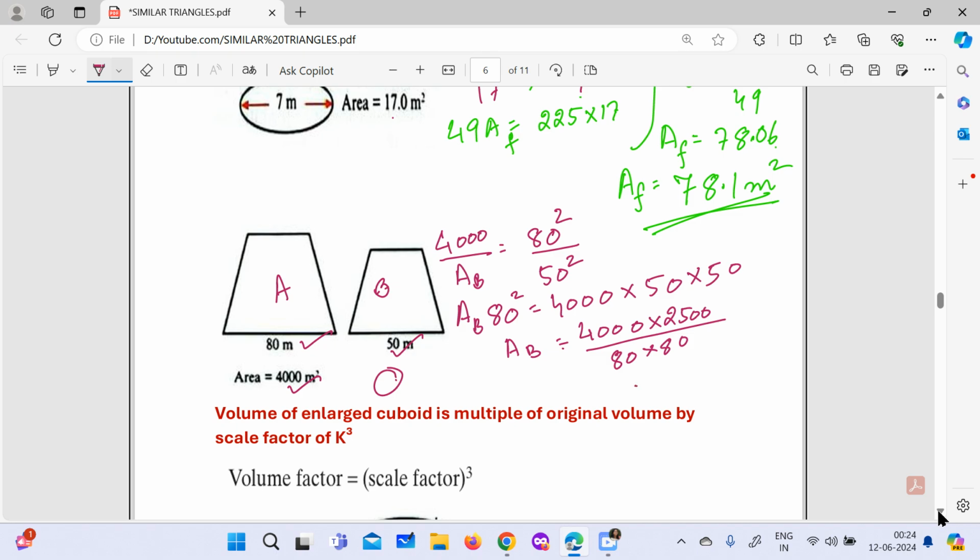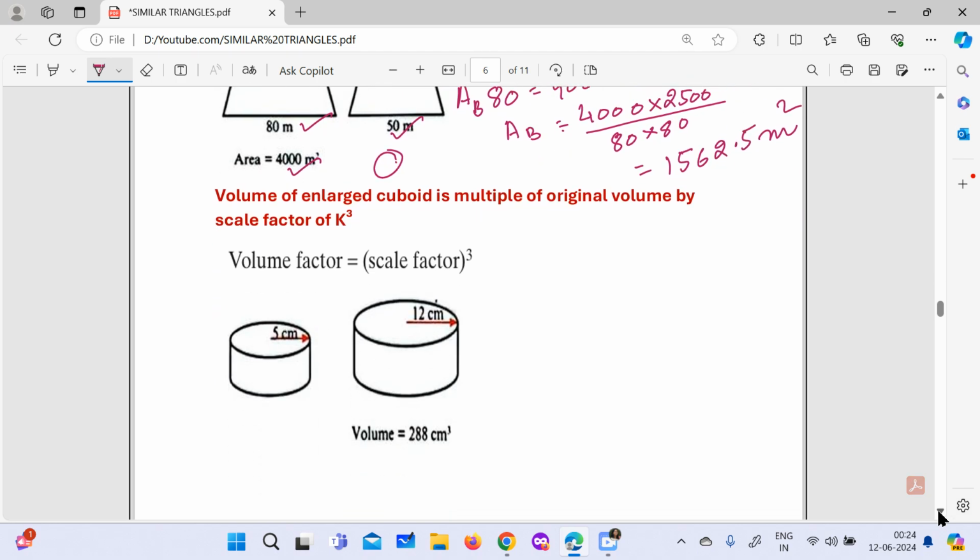We solve it and we will get 1562.5 meter squared. So we did 3 questions on area and similar shape. Now we have another part. Now look here.